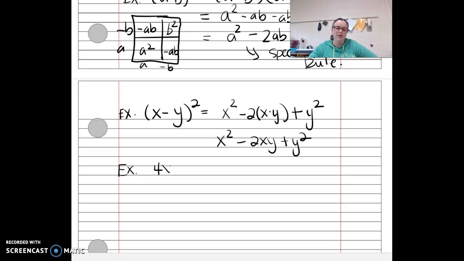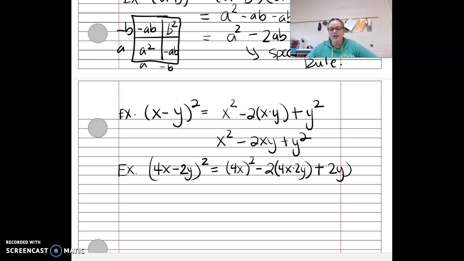Let's try 4x minus 2y squared. So I'm going to take my first term and square it. Minus 2 times my 4x times my 2y, and then a plus the 2y squared. So I get 16x squared for the first one.